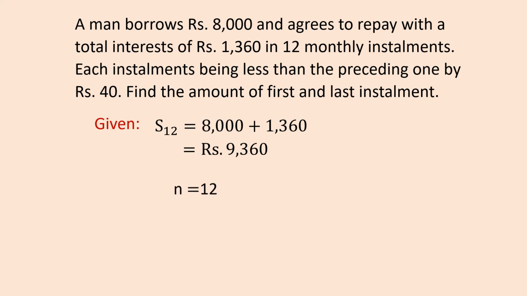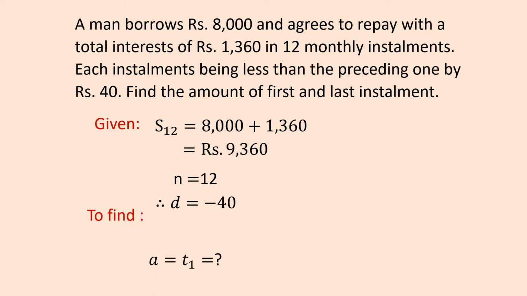We have n equals 12, as you see, and then d equals minus 40, because he said that each installment is less than the preceding one by rupees 40. So the common difference is minus 40.